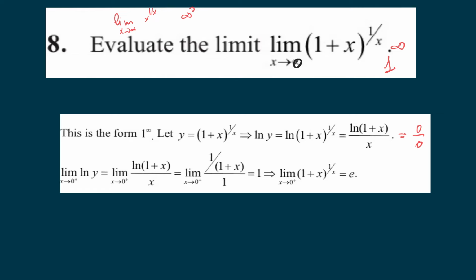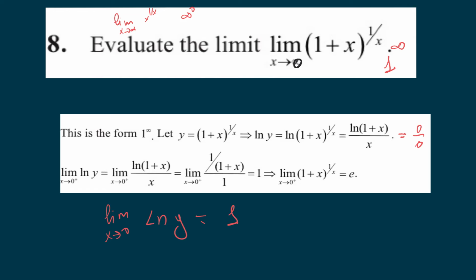The limit as x goes to 0 of natural log of y will be the derivative of the numerator, 1 divided by 1 plus x, divided by the derivative of the denominator, 1. What is the limit as x goes to 0 of 1 divided by 1 plus x? It is 1. So the limit of natural log of y tends to 1.